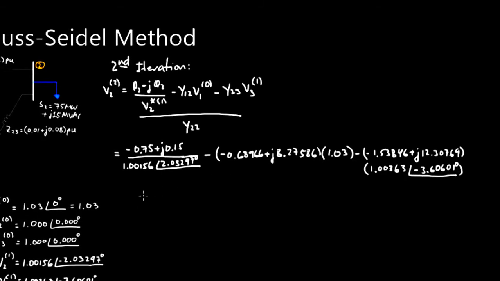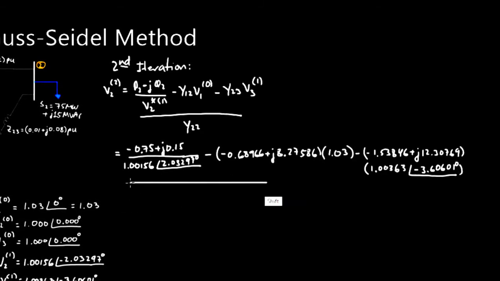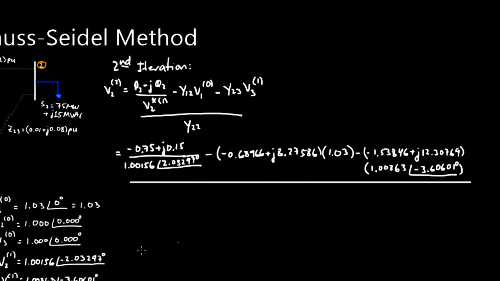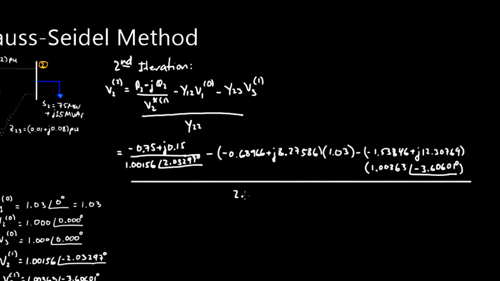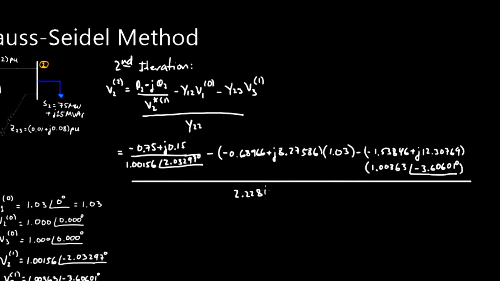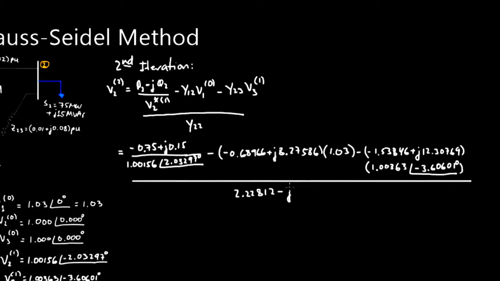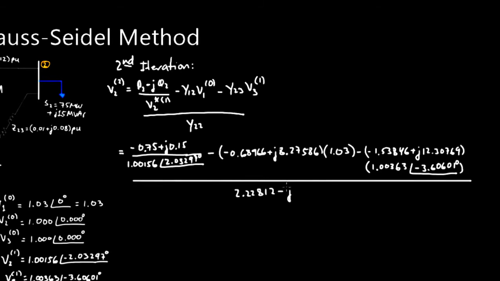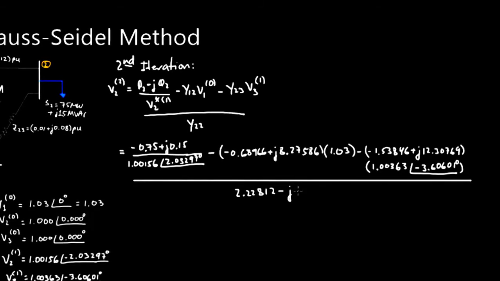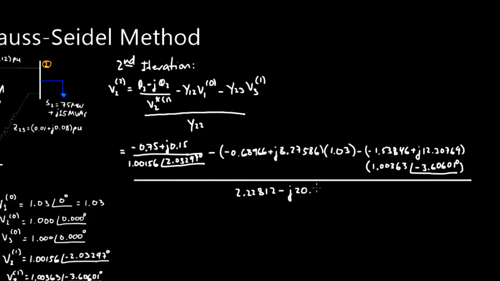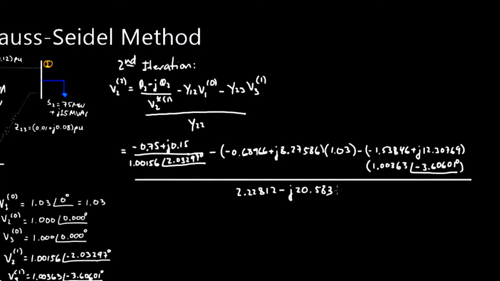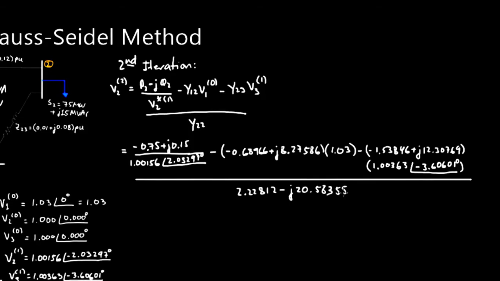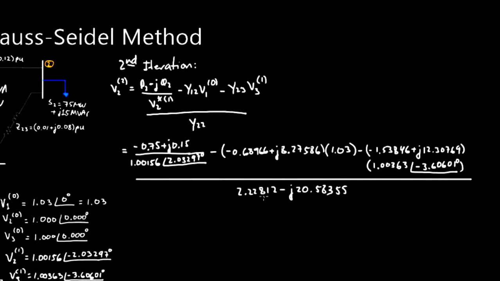And then all of this over Y22, which is this number over here, 2.22812 minus J20.58355. And again, I know that this is a lot of numbers over here, but I'm just trying to show you the whole process for calculating these iterations.